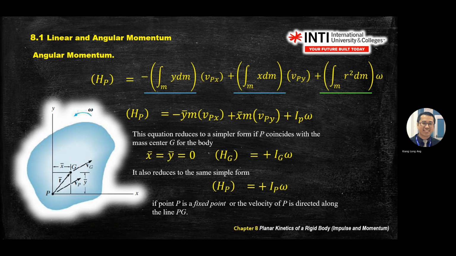For example, when you have a ring and there's a pin at the center, and the pin is at the same location as the center of mass, intersecting with the gravitational center.